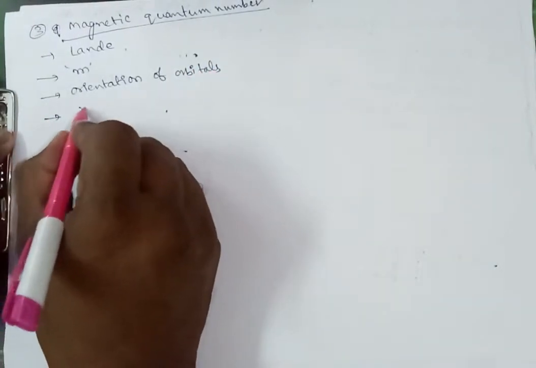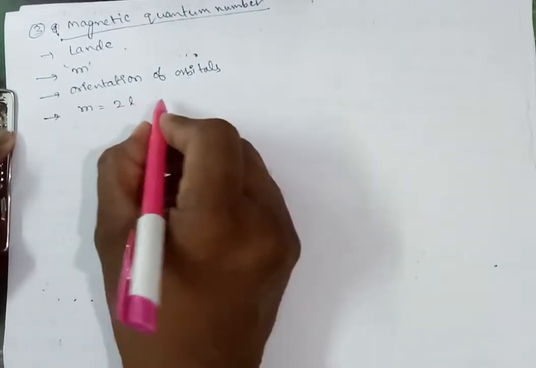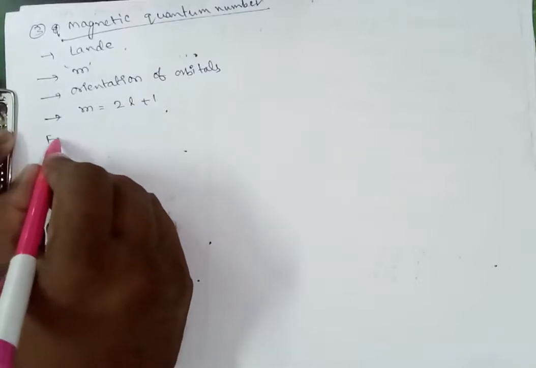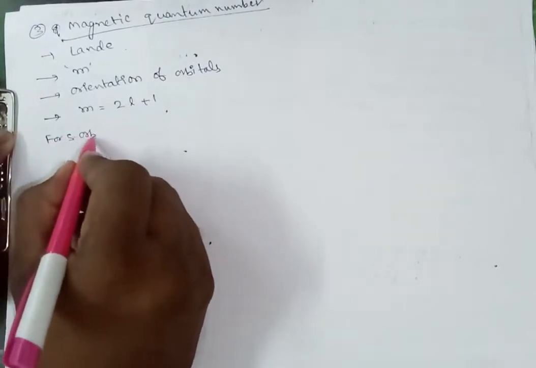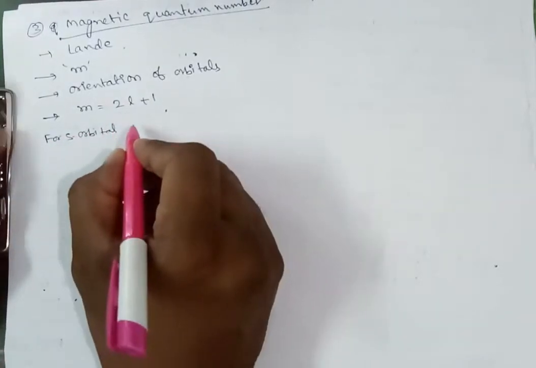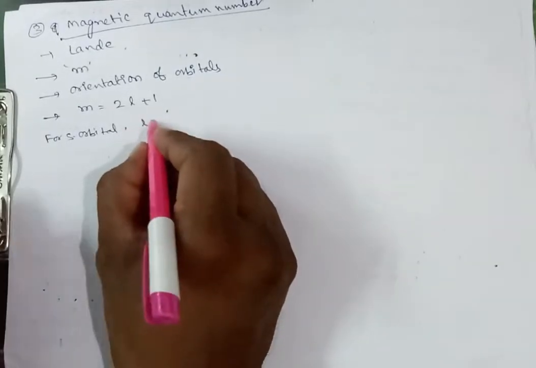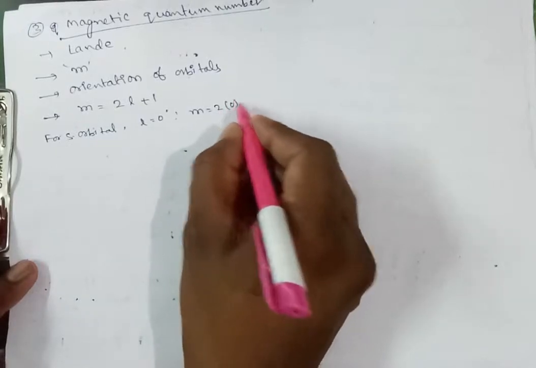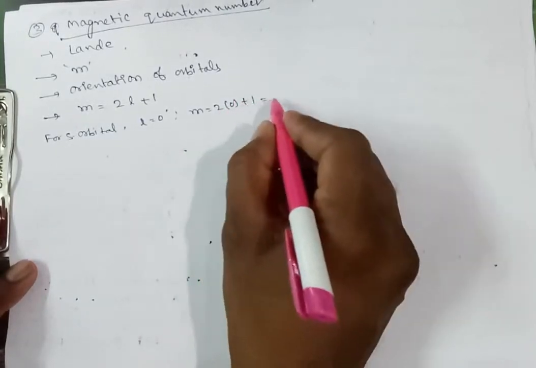To get the number of m values, we have the formula 2l plus 1. So for s orbital, how many m values can we get? For s orbital, the l value is 0, so the number of m values is 2 into 0 plus 1, which equals 1.